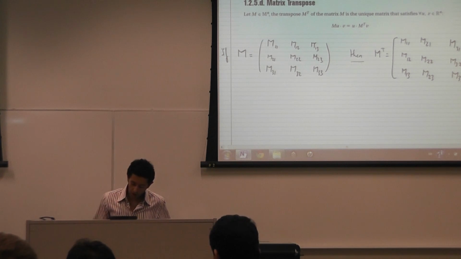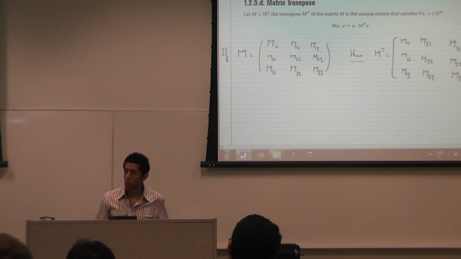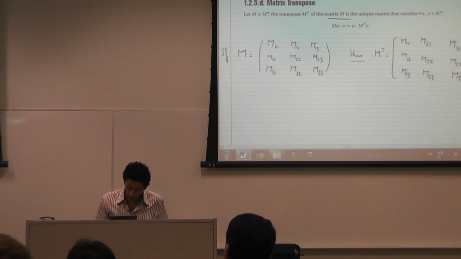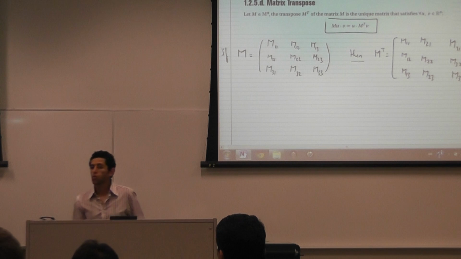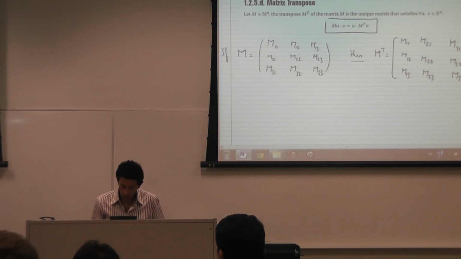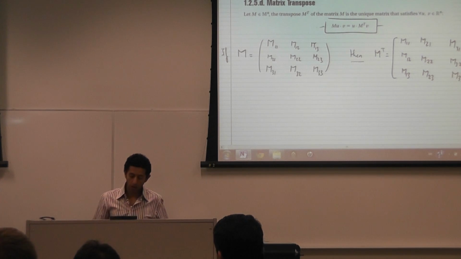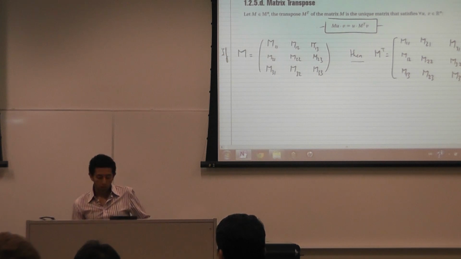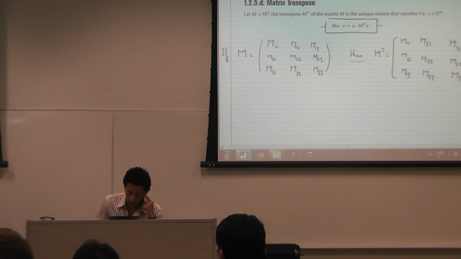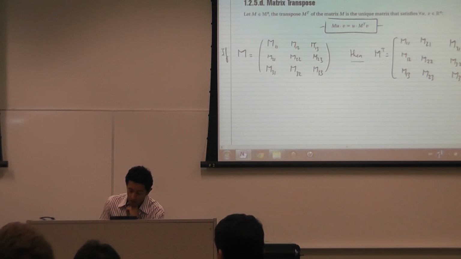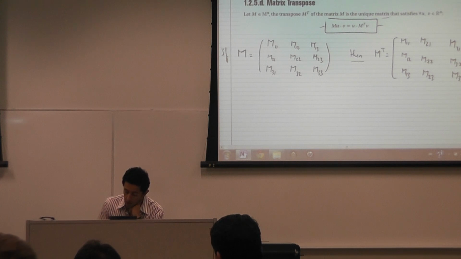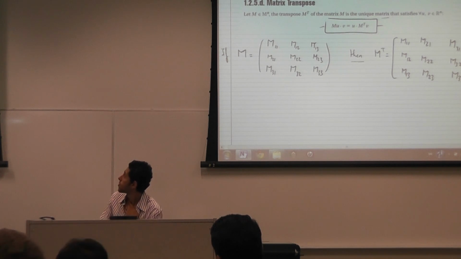However, there's a more abstract definition that does not depend on the components, and this more abstract definition is very useful when we start proving formulas. So you really need to be familiar with this definition. If M is an n by n matrix, the transpose of the matrix M is the unique matrix that satisfies the following.